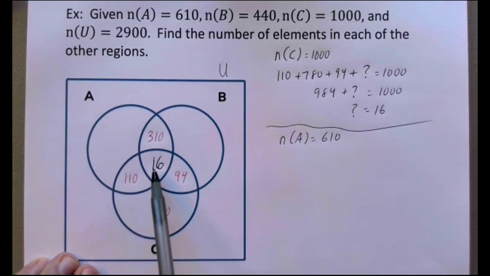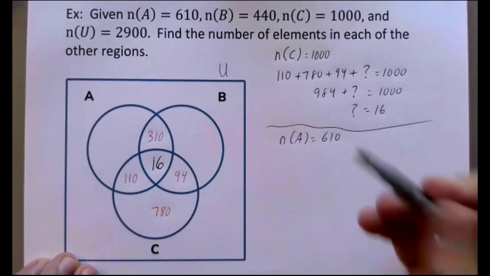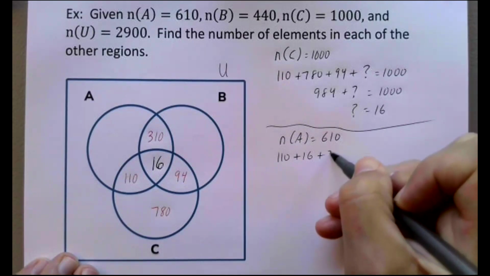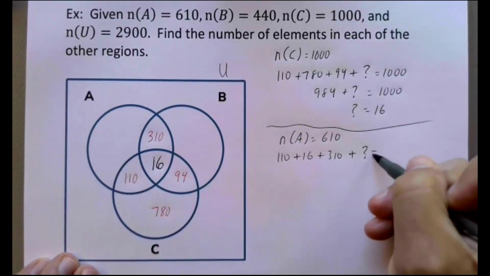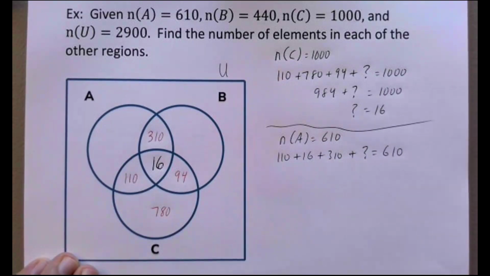So I can say 110 plus 16 plus 310 plus whatever goes here. I don't know what goes there at the moment. Adds up to 610. I'm putting question mark. You could put X there if you want. Same thing.